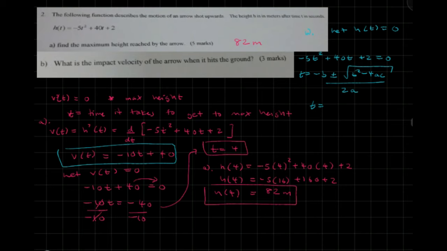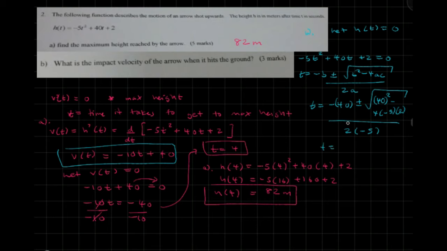So the values of t that I would get by plugging into this equation are negative 40 plus or minus the square root of 40 squared minus 4 times negative 5 times 2, over 2 times negative 5.